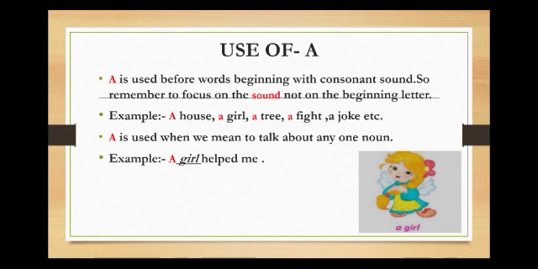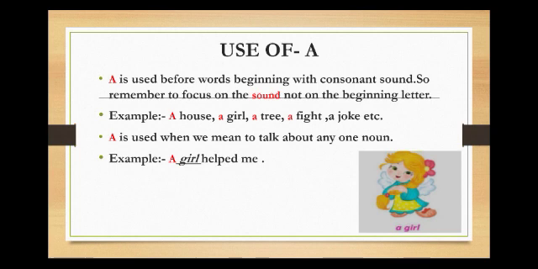Children, a is used before words beginning with a consonant sound. So remember, always focus on the sound, not on the beginning letter. For example, a house. The word house begins with a consonant sound h.